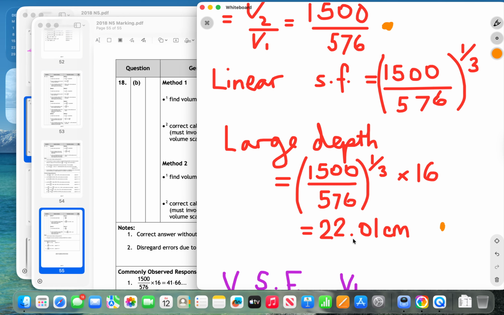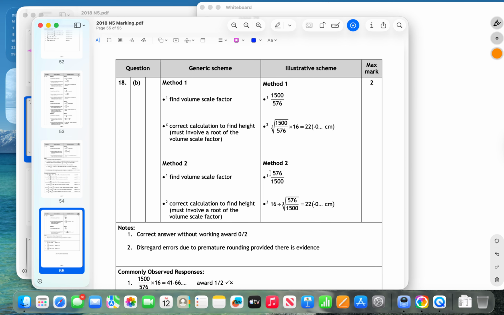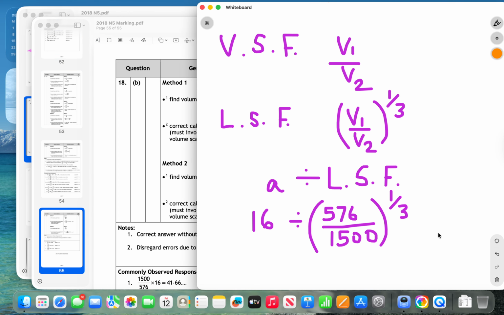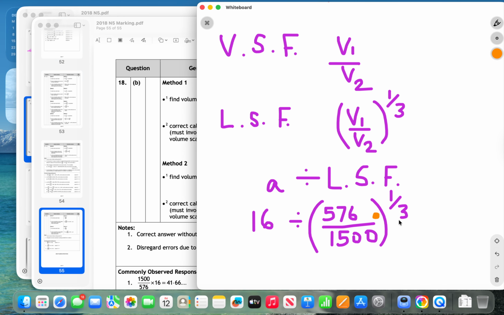The other method I described, you would get 1 mark for this is the volume scale factor, but the small volume divided by the large one, and you then do 16 divided by this. The answer would then be the second.